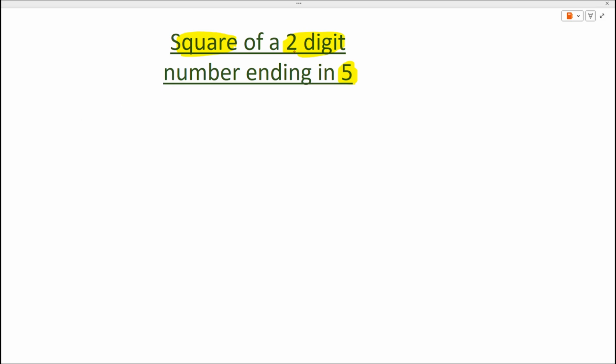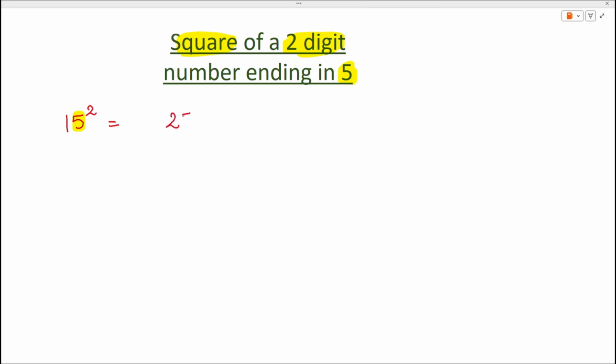So we'll take the two-digit number ending in 5 as 15. Let us say we want to figure out 15 square, which means we are trying to figure out how much is 15 times 15 equal to. Now for this process, you just need to keep in mind that the ones place digit is 5, and the square of 5 is 25.